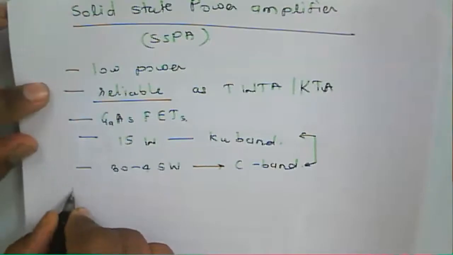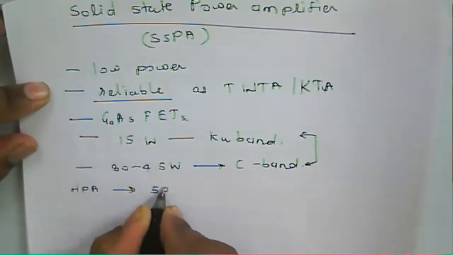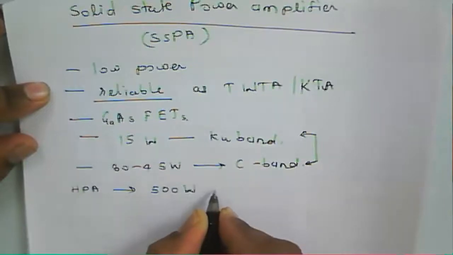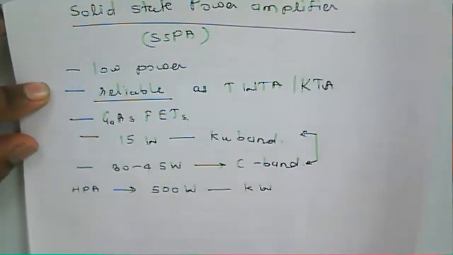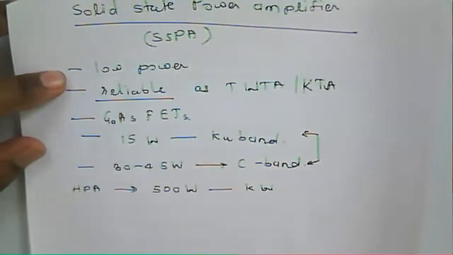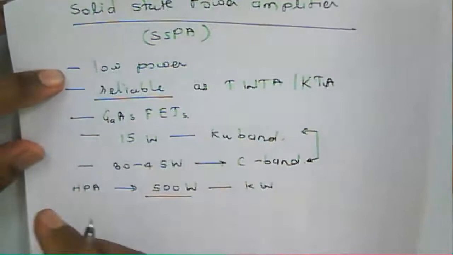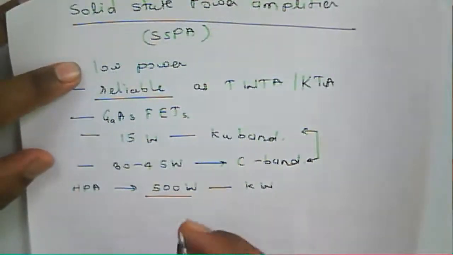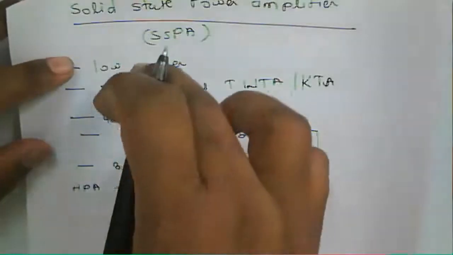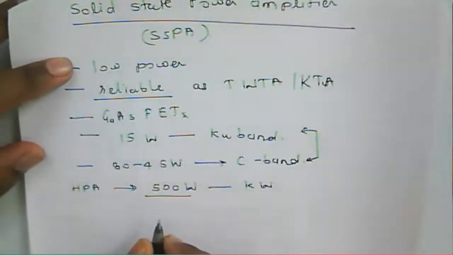In general, a high power amplifier is supposed to operate at 500 watts or a kilowatt. So to generate that high power output up to 500 watts or a kilowatt, we can use SSPAs with parallel combination or a series combination, so that we get a large output.